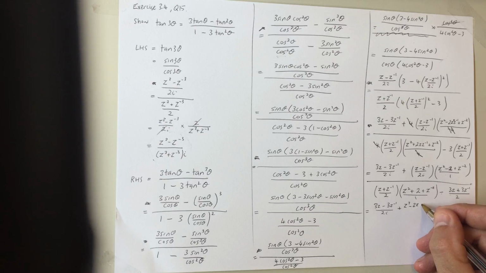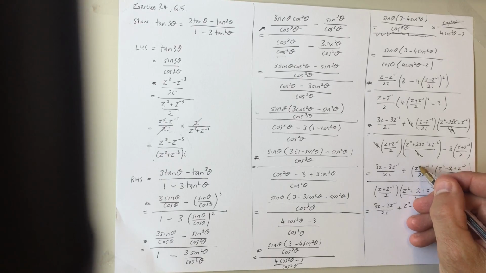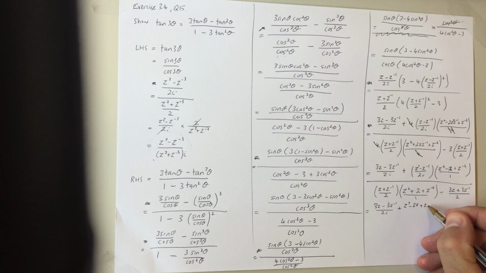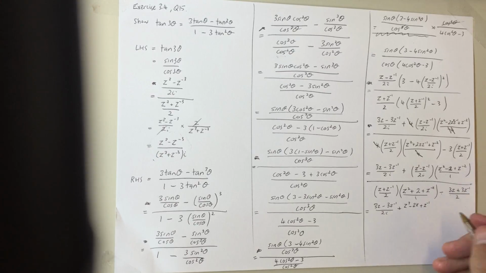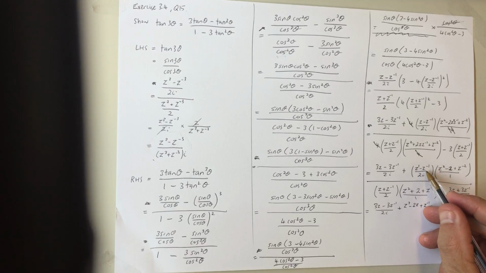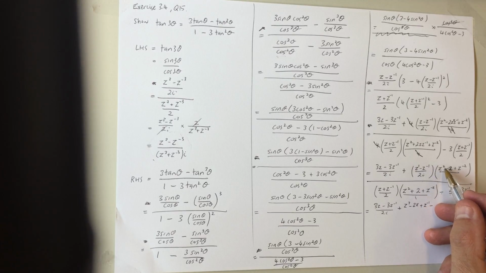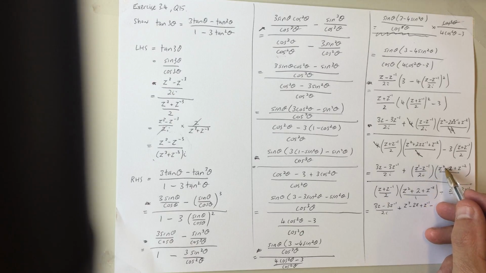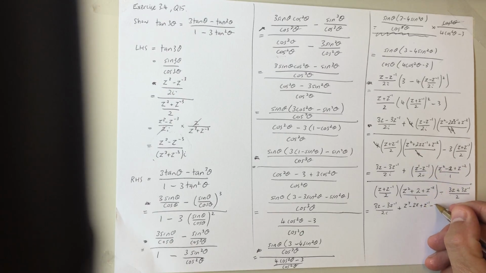Alright, so therefore that's going to be plus, now z to the power of 1 times z to the power of negative 2. Okay, 1 plus negative 2 is negative 1, so that's going to simplify to z to the power of negative 1. And then we are subtracting z to the power of negative 1 times z to the power of 2. Alright, so negative 1 plus 2 will give us z to the power of 1.